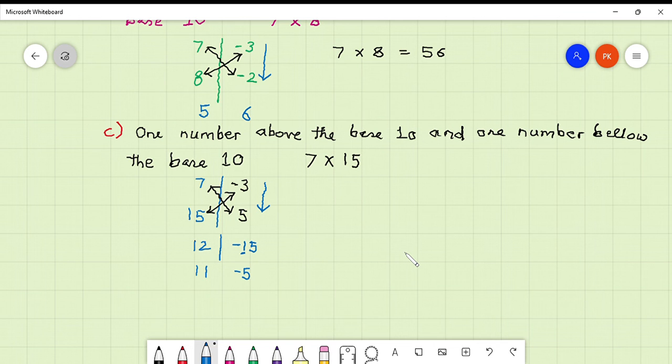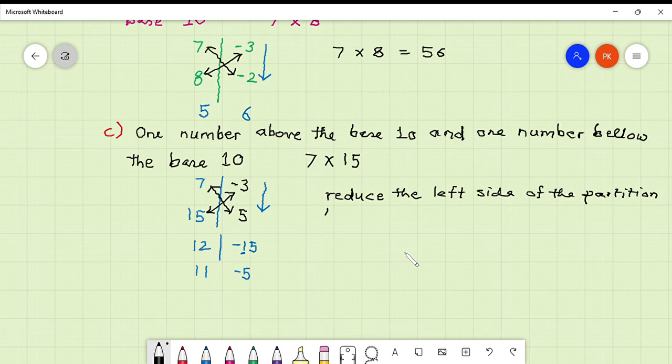So first of all, reduce the left side of the partition by 1. That means the 11 will become 10.